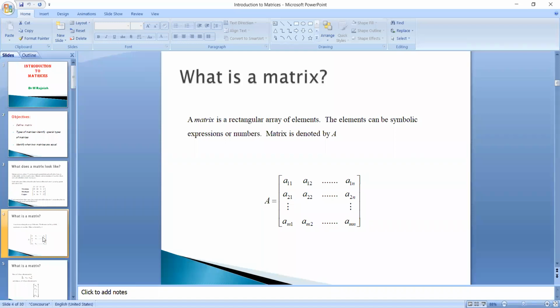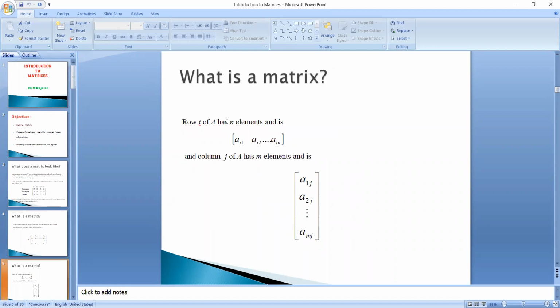A1j, A2j, and so on to Amj. Very good. So row i of A has n elements and is denoted as Ai1, Ai2, up to Ain. This is the ith row, also called a row matrix. In the same way, the jth column is A1j, A2j, A3j, and so on to Amj. This is called a column and this is called a row.